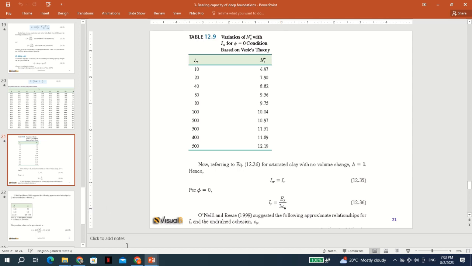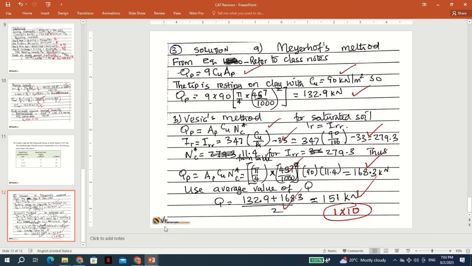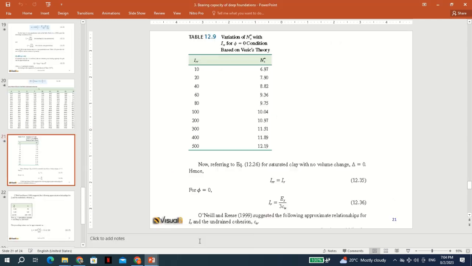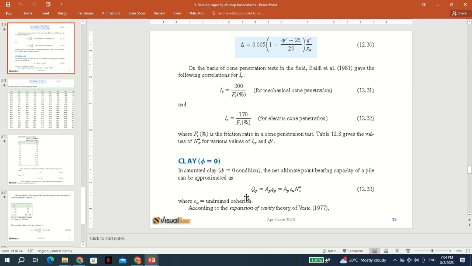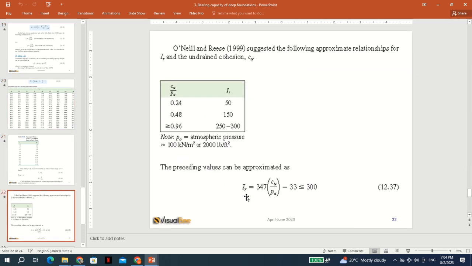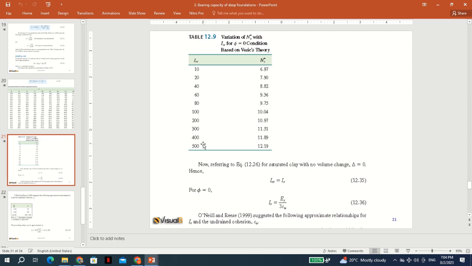Es, have we been given it? Irr can be found by 347 Cu over the rest, and Es actually can be found if you read the notes. So Ir is the same as that, and then you come to this table.